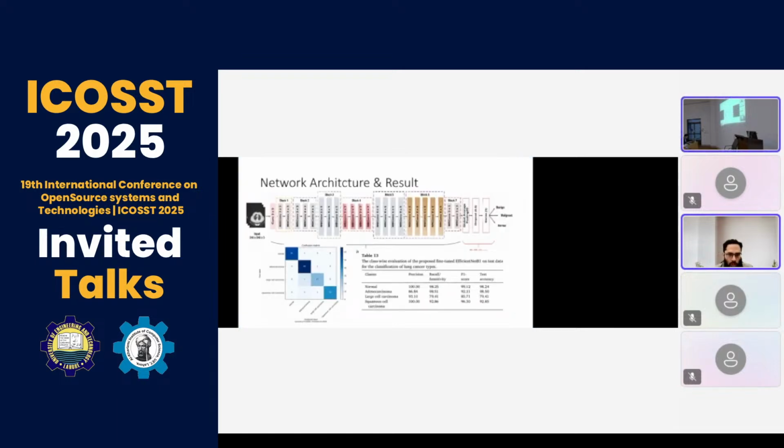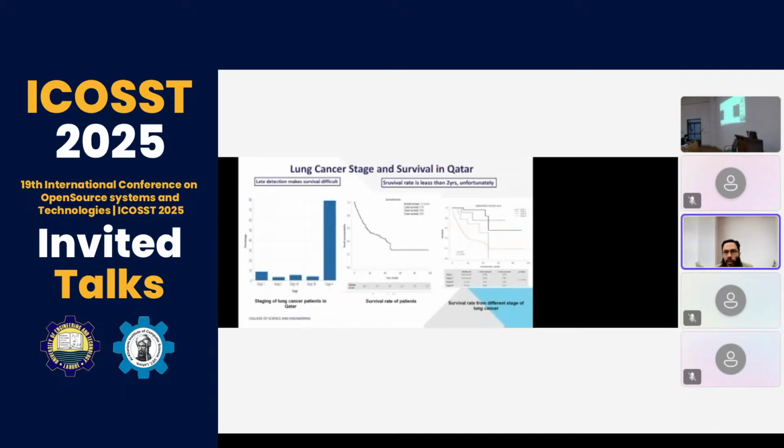And as Dr. Anas also mentioned in his nice talk on the power of AI on imaging, we applied some techniques. Based on those imaging data and deep learning models, we really got good results. Now we are trying to incorporate that solution in clinical trials.